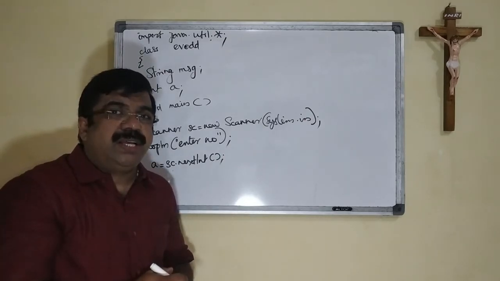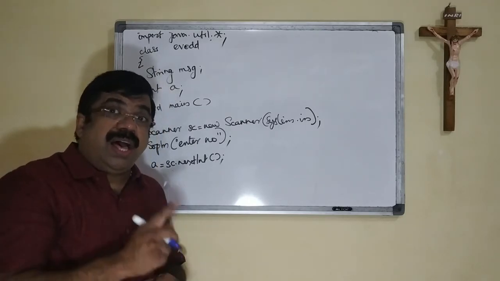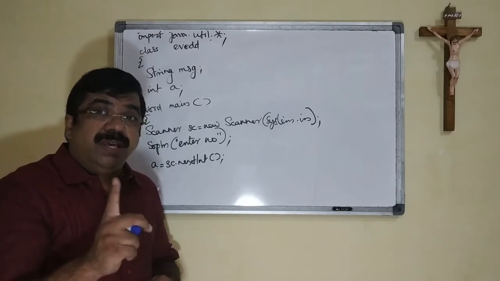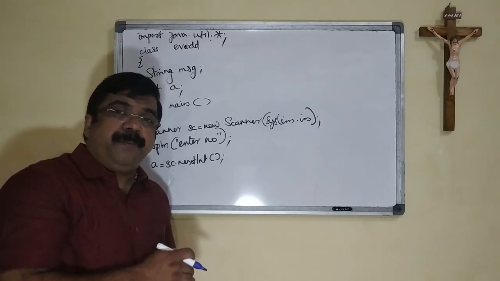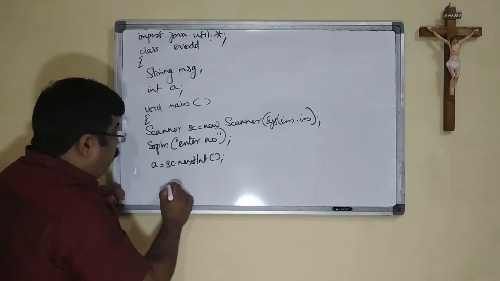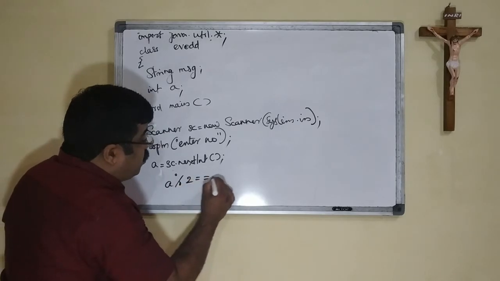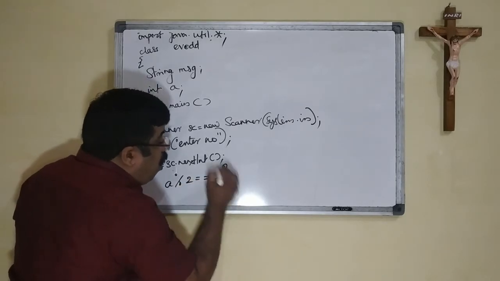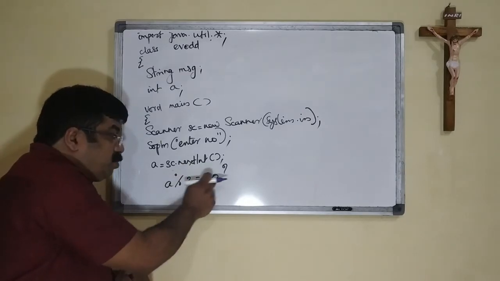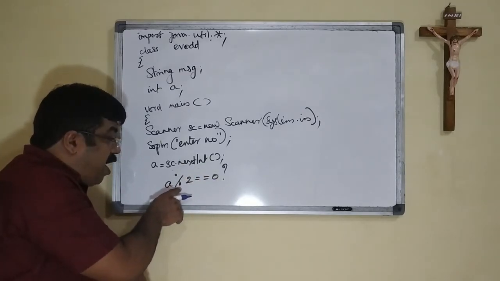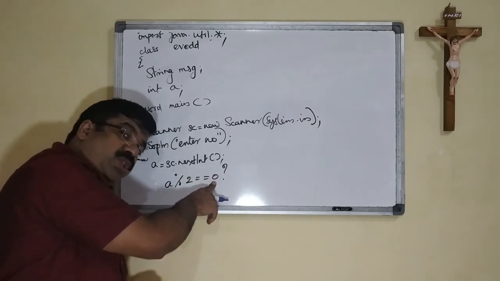How do we check? We can divide the number by 2, and if the remainder is 0, then we will say that the number is even. Alright, so we give A modulus 2 is equal to 0 or not. The condition is specified here. A divided by 2 gives a remainder 0 or not.